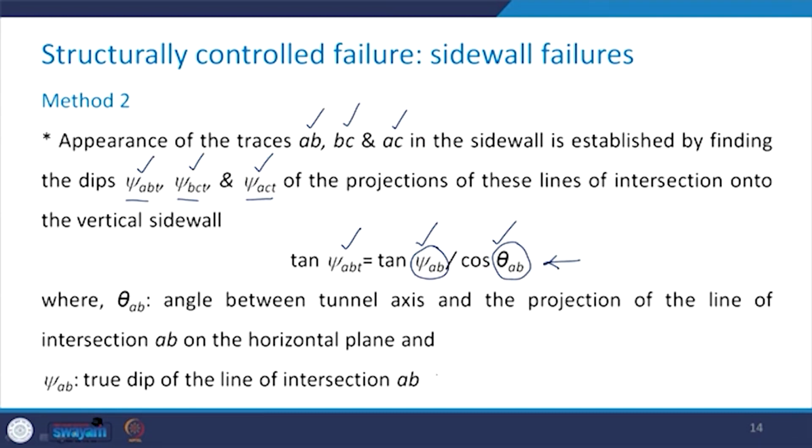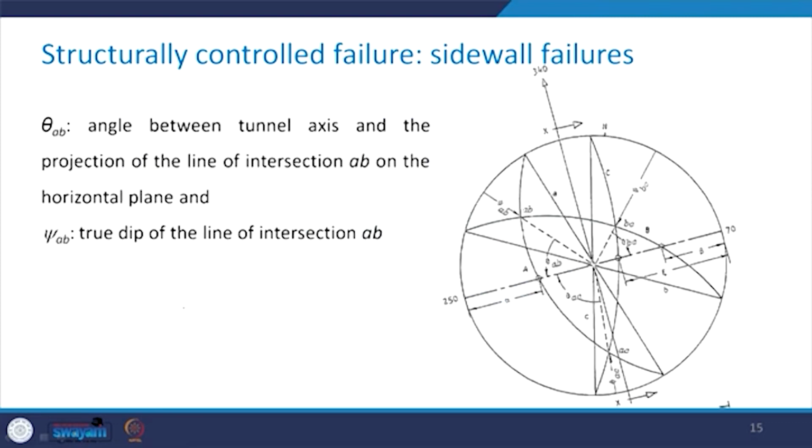So, this psi AB is the true dip of the line of intersection AB, whereas this theta AB is the angle between the tunnel axis and the projection of the line of intersection AB on the horizontal plane. Take a look at this figure once again. So, psi AB, which is the true dip, how will you find? Where is the point AB? Here it is, because it is the intersection point of the great circle A and great circle B.